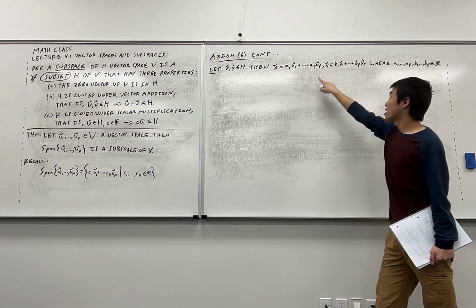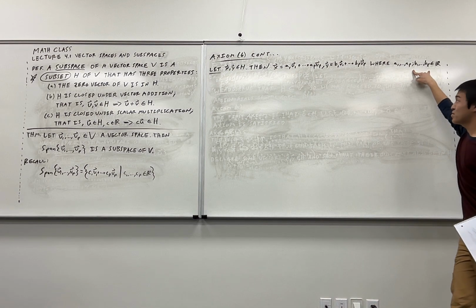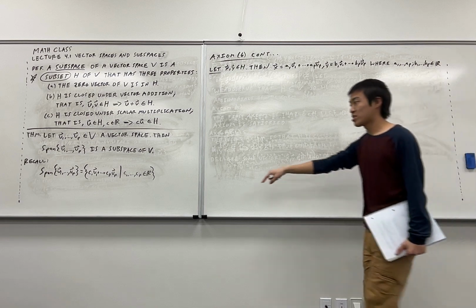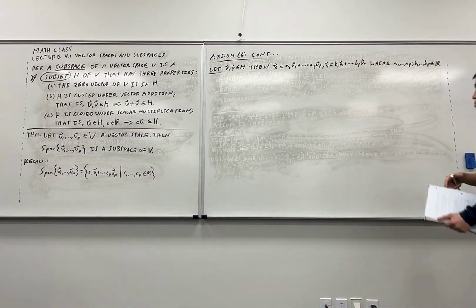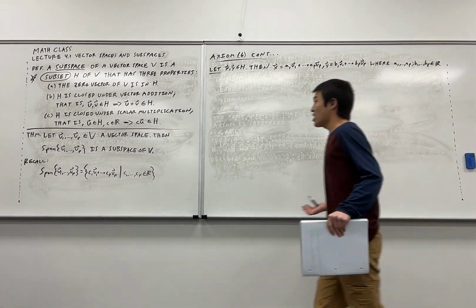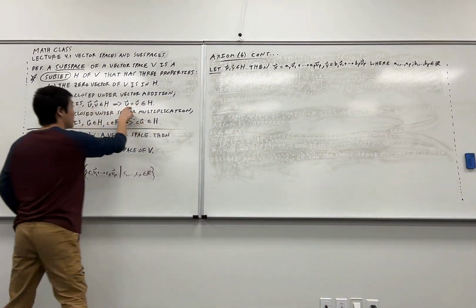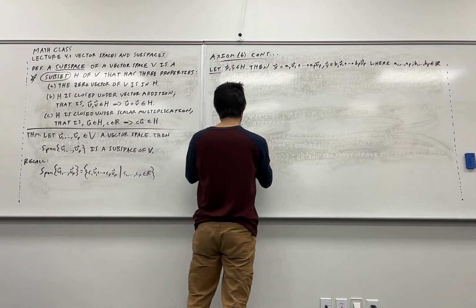X is some linear combination, Y is a linear combination, and those weights, A1 through AP and B1 through BP, they're just scalars. So we satisfy the definition of span, because that's what H is, okay? So great, we have X and Y. We've initialized it. We've represented it according to its definition, so the task was to add it together, right? And show that that sum is also in H.